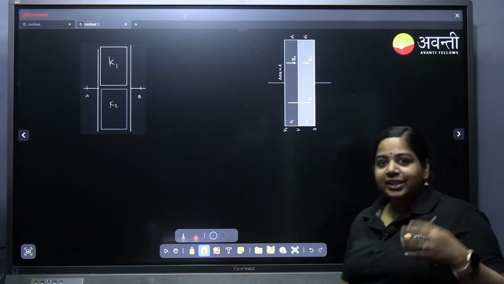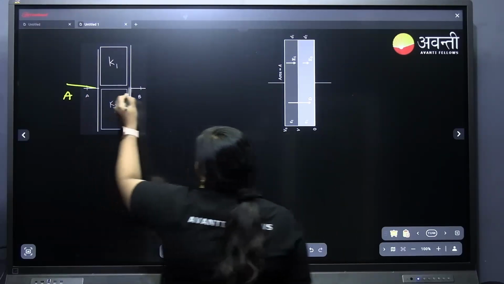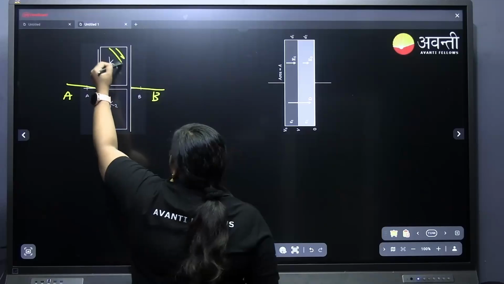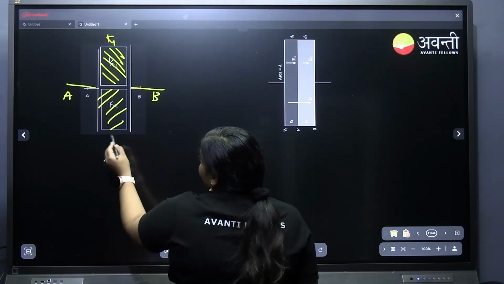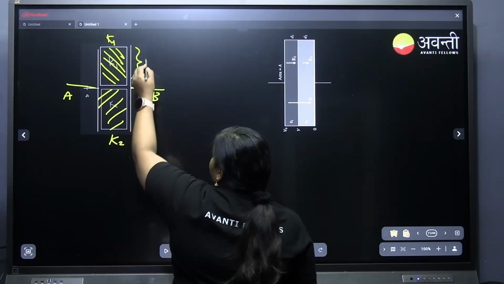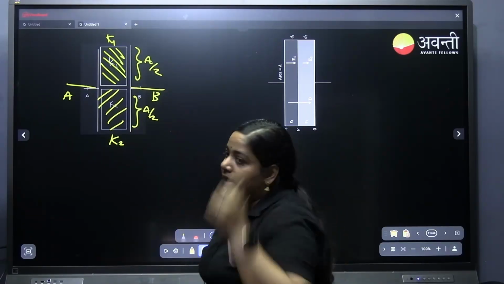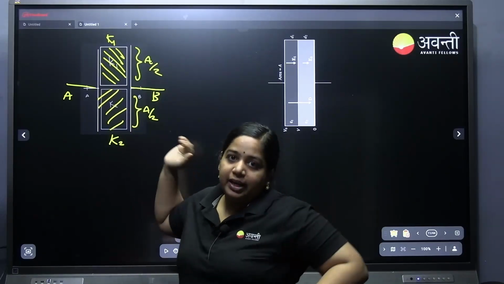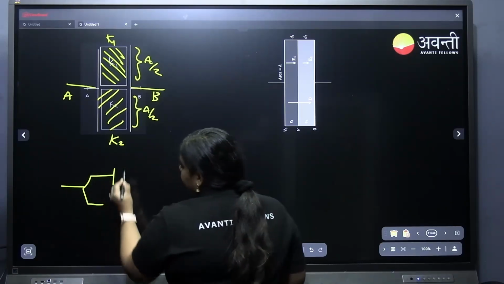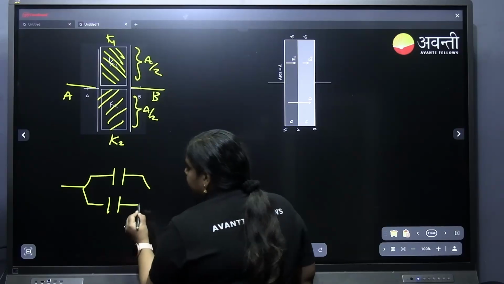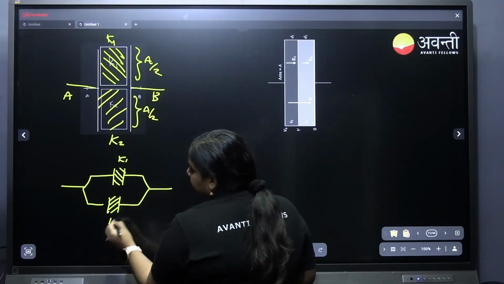Next is partially filled but in a different way. As you can see here, this side is A, this side is B. One dielectric K1 is placed like this, another dielectric K2 is placed like this. This distance equals A by 2, this distance equals A by 2, and the separation is D. In this case, we assume it as two parallel capacitors, one filled with K1, another filled with K2.